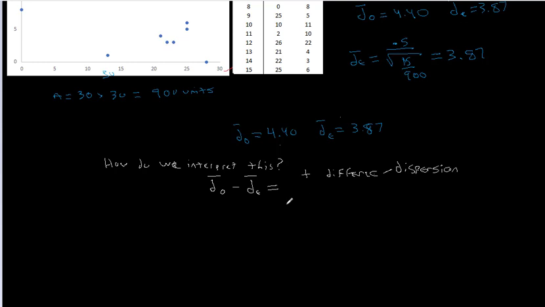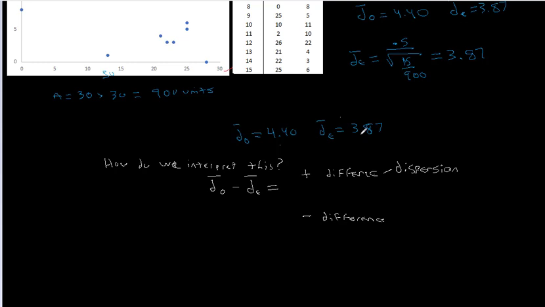Well, what happens if you get a negative difference? Again, that would mean that this distance was smaller than this one, which means the points were close together because the distance was small. More importantly, they were closer together than you would expect by chance.